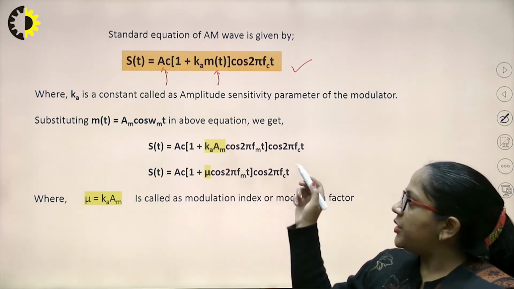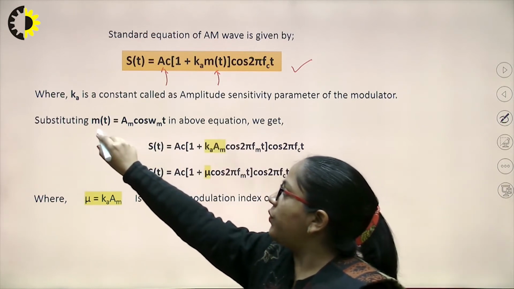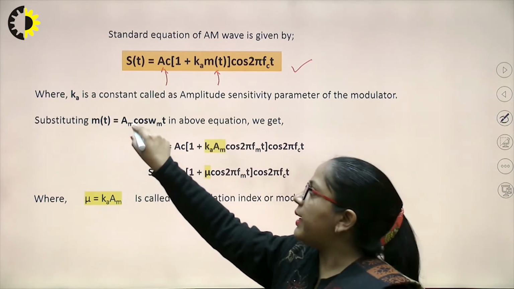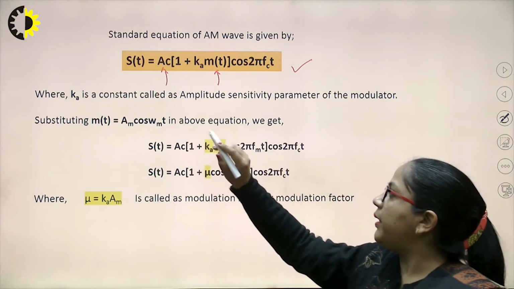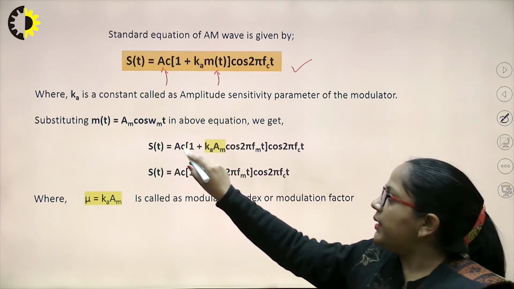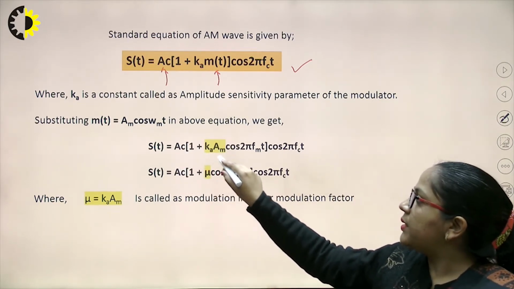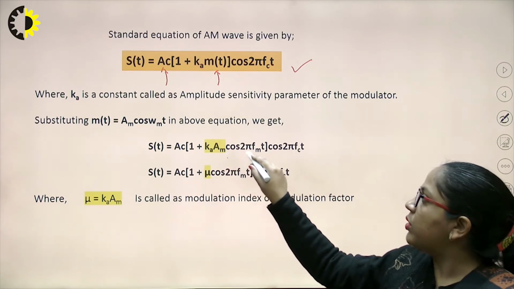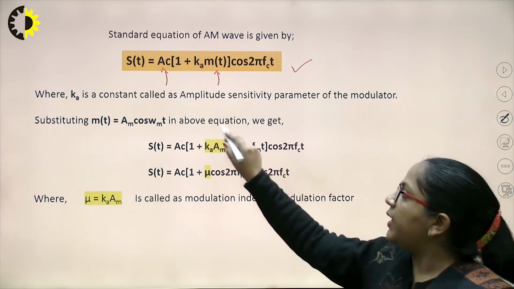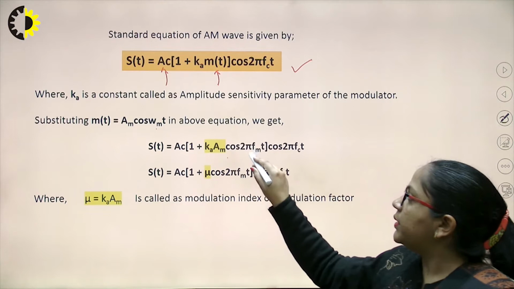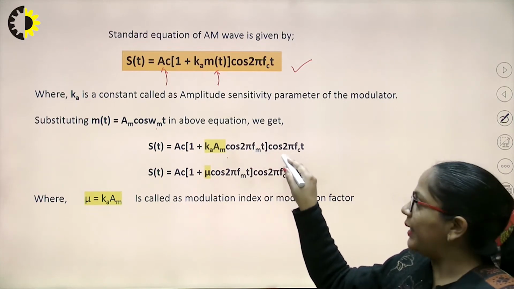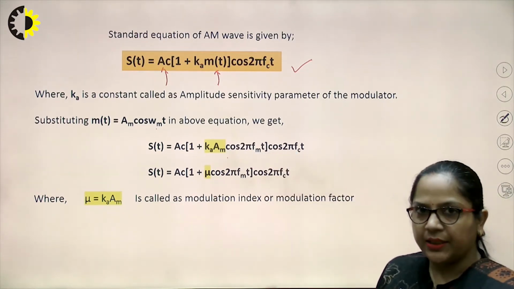Substituting m(t) = Am cos ωm t, we get s(t) = Ac [1 + Ka Am cos 2π fm t] cos 2π fc t, where we have replaced ωm with 2π fm.